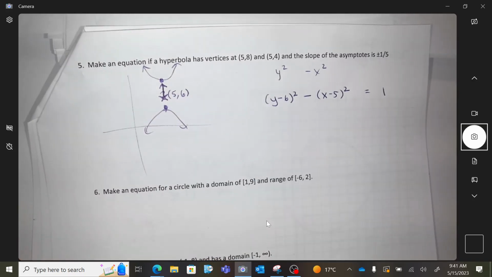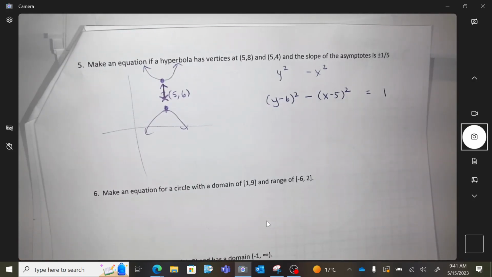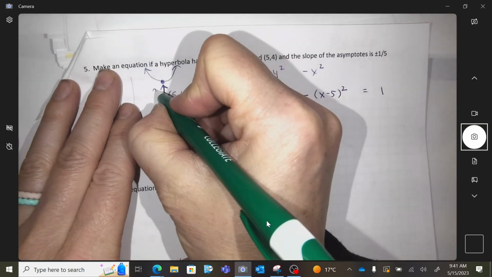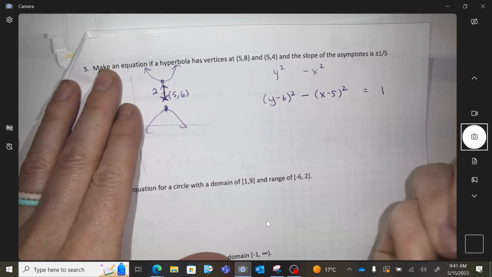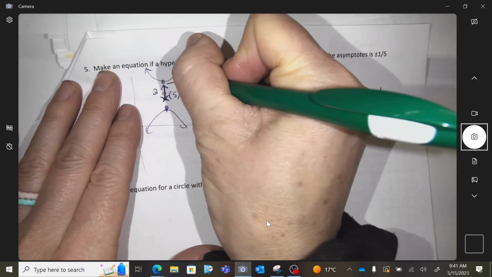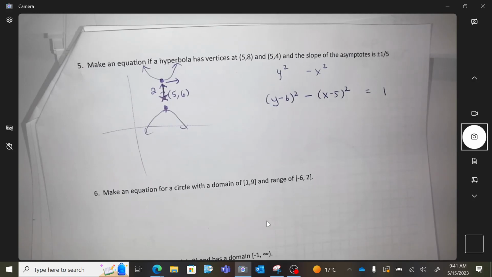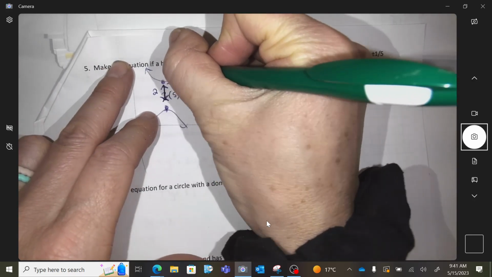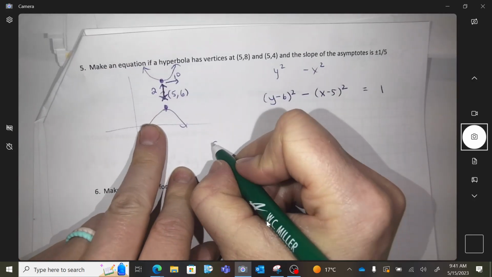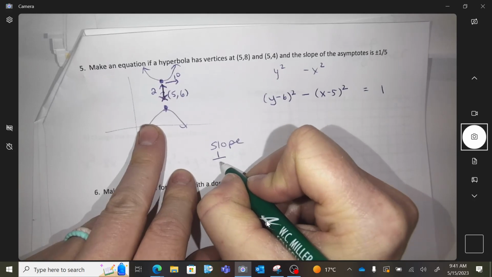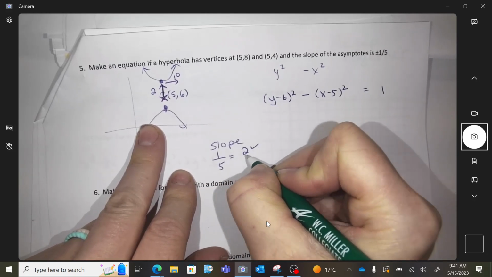How much did you go up there? 2. How much am I going to have to run by? 10. See what I did there? The slope was 1/5, but I knew that was 2.